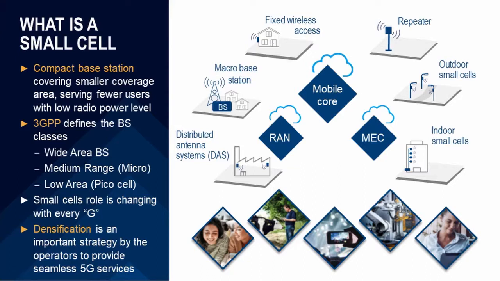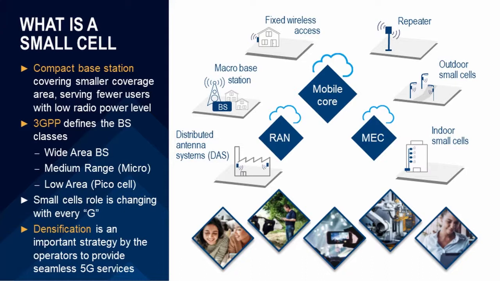Looking at the different roles the small cells have played across the different generations of technology, small cells have been there from 2G, 3G days, and then its role was to provide coverage. And later in LTE networks, the small cells were providing not just the coverage but capacity without adding additional spectrum.